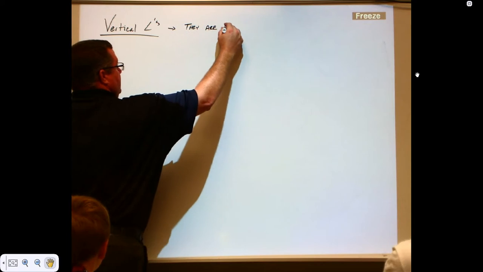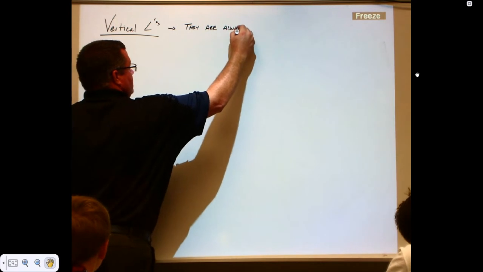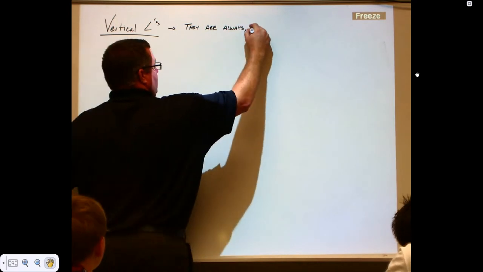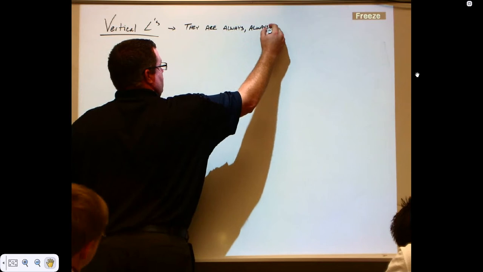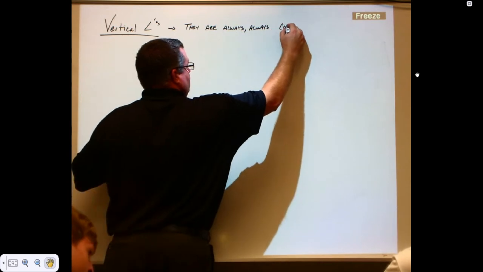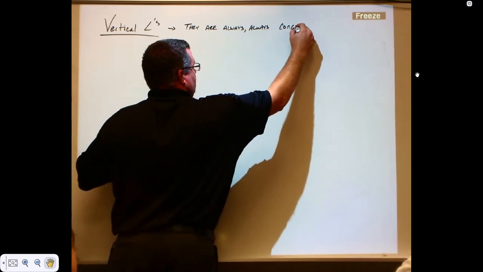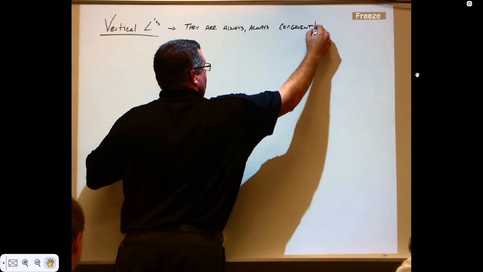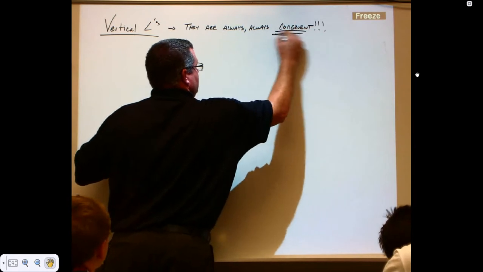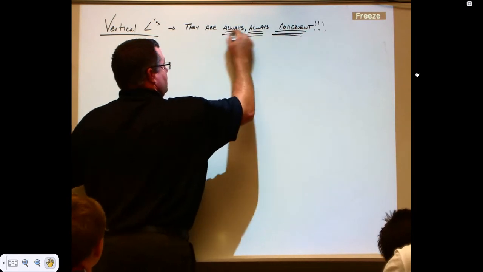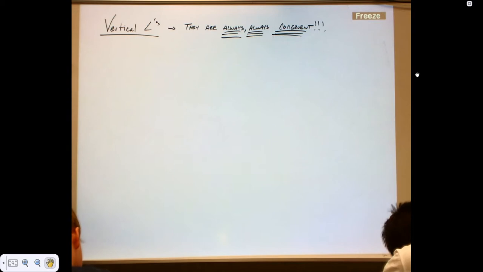They are always. Am I saying all different sets of vertical angles are congruent? No, when you have a pair of vertical angles, you know, they're opposite angles, they are always, always, always congruent.